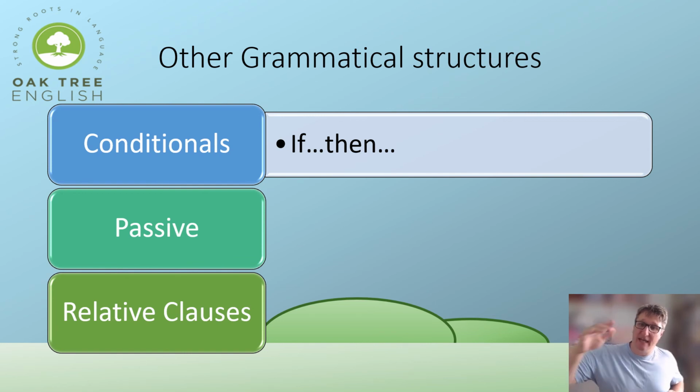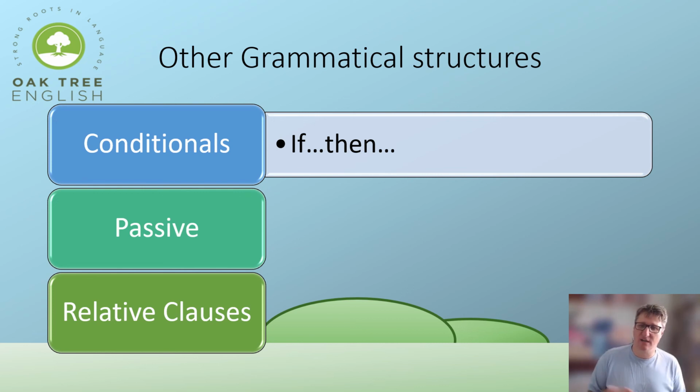So, if I had studied harder, if I had studied past perfect harder, I would have passed my exam. I would have passed my exam. And notice you've got present perfect, would and present perfect for your second clause there. I would have passed my exam.